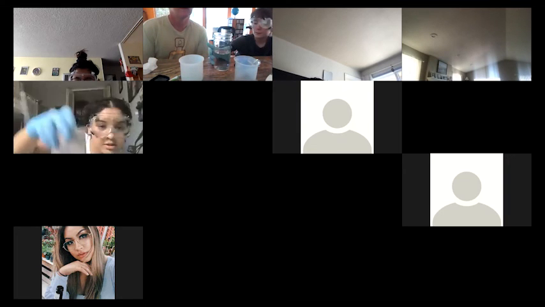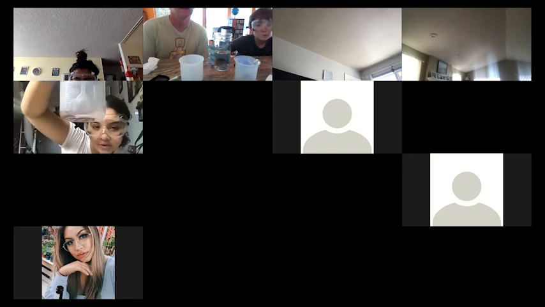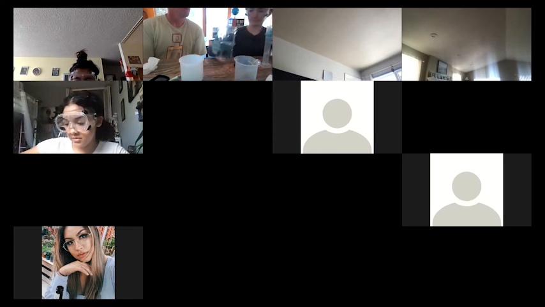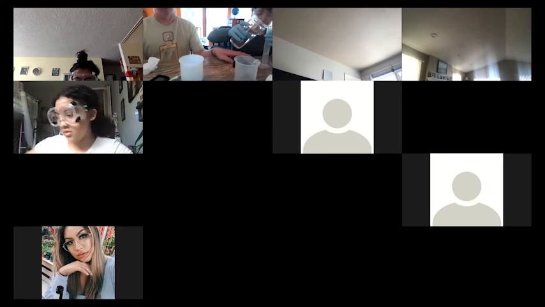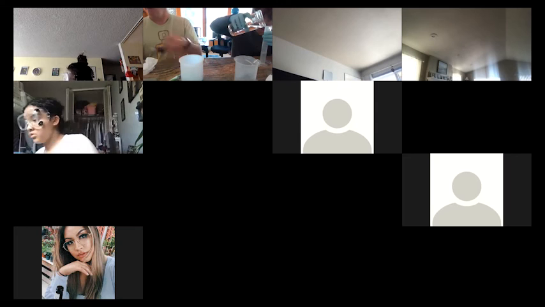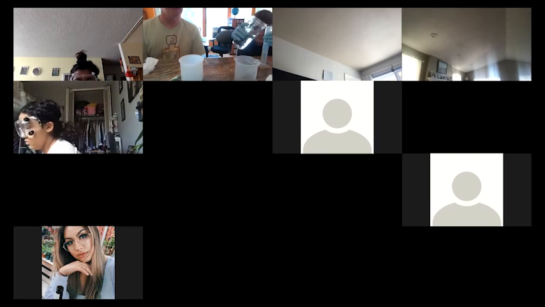So then, is this what it should look like? Oh wait, my camera's not on. Is this what it should look like after you pour the blue stuff out? Yep, exactly. So we're just going to rinse it a couple times, and then we're going to start filtering.